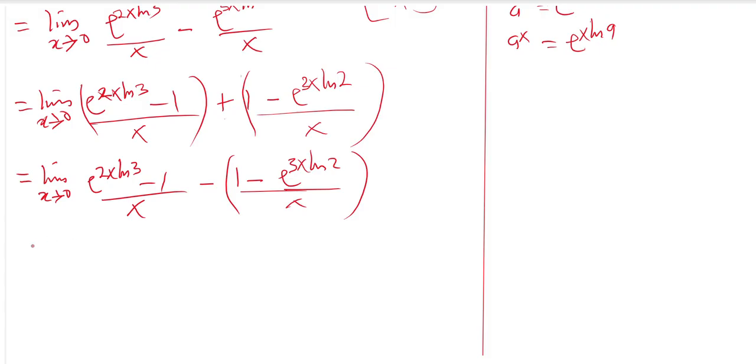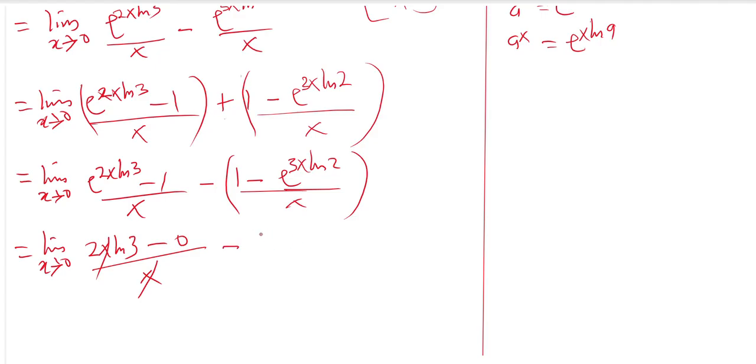Now we know that for the first part, the limit as x approaches this, we know they are in the same base, so all we are going to have is 2x ln 3 minus 0 all over x, and x cancels out x.